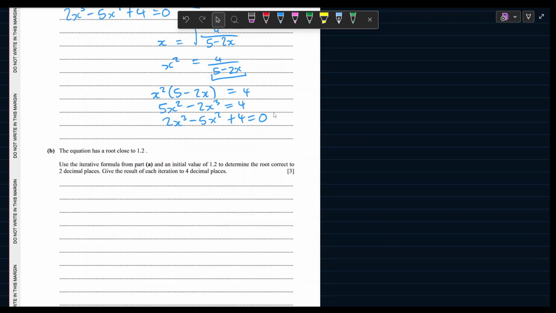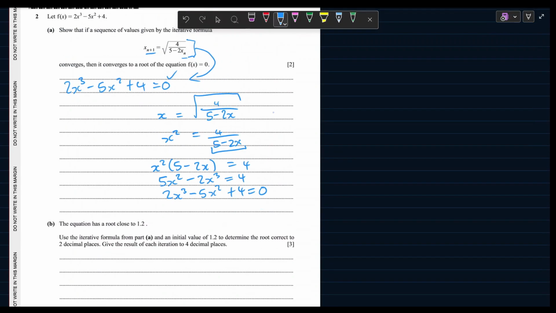Use the iterative formula from part A and an initial value of 1.2 to determine the root correct to 2 decimal places. Give the result of each iteration to 4 decimal places. Alright, so we've been given that x0 should be 1.2. So we can carry out our first iteration x1. That's going to be the square root of 4 over 5 minus 2 times 1.2.